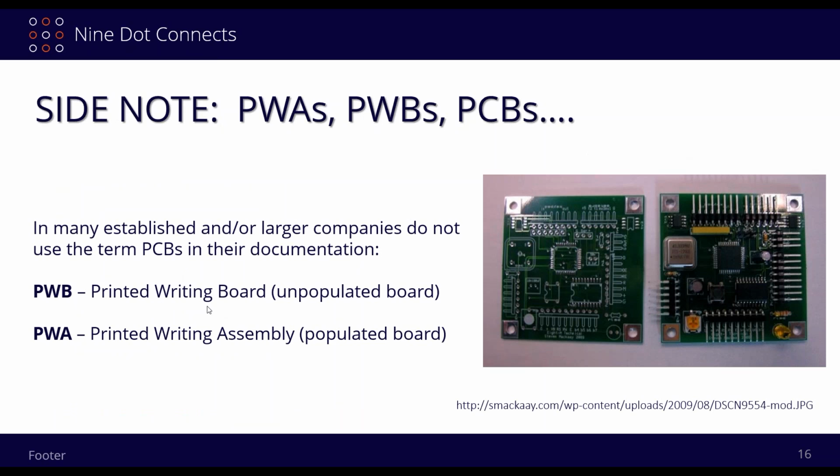And really what they stand for is printed wiring board, which is basically an unpopulated board, which is what you see over here in this picture, and a PWA, which is a printed wiring assembly, which means it's basically a populated board. And of course, I see PWA and PWB, and I almost think that they'd be flipped just because of the order of the lettering. But no, PWBs are generally the unpopulated board, which come out first because of fabrication, and then PWAs will be second because of the assembly that's done to it thereafter.